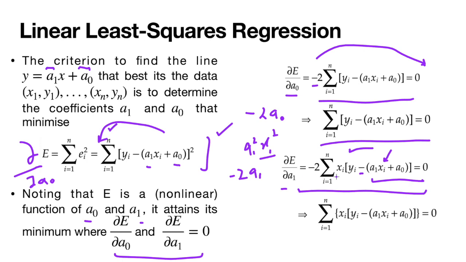The best way is to open it out and then solve this expression. When we do that, it will give us this expression, because minus 2 will move to the other side and it will be equal to 0. So these are the two equations we will get after taking the partial derivatives.